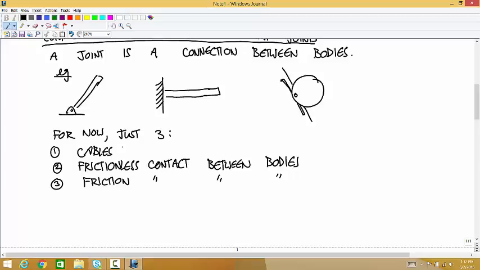Cables, you can use this general application for anything that's pulling on another object. So you can think of this as pulling. And frictionless contact, you can think of as general pushing.